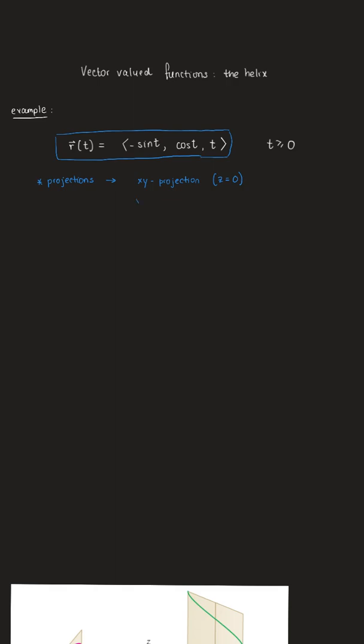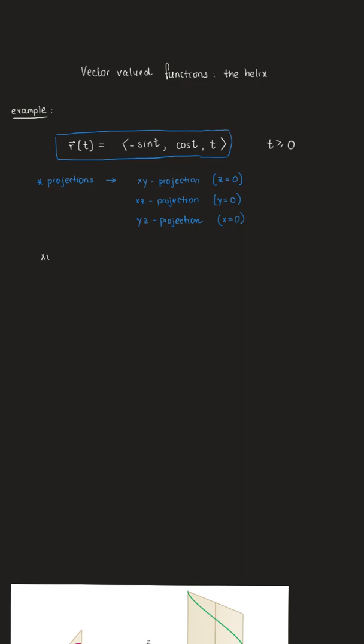We're going to take a look at the xz projection, and for that we're going to set y equal to 0. That means what is the shadow of the curve on the xz plane. Then we'll also look at the yz projection, where we set x equal to 0. So let's start with the xy projection.